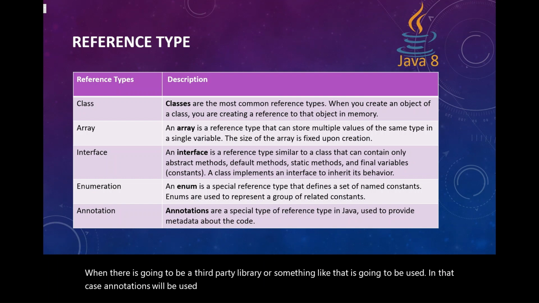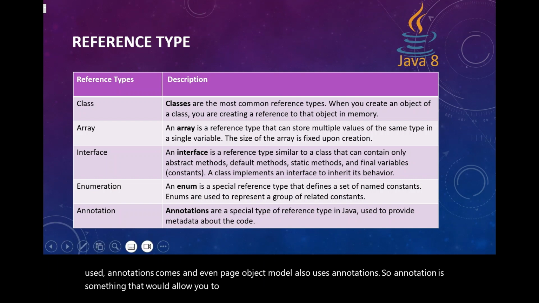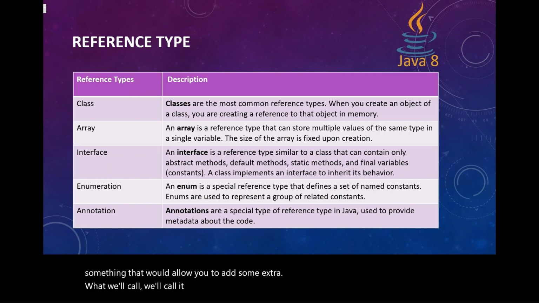Even when TestNG is used, or when BDD is used, annotations come in. Even page object model also uses annotations. So annotation is something that allows you to add some extra metadata to your class. So that will be your annotations.